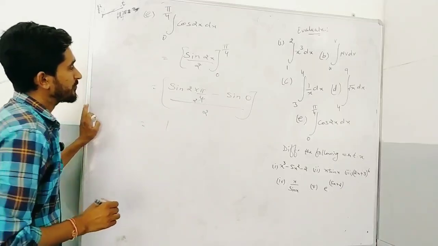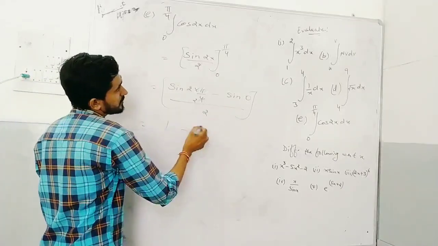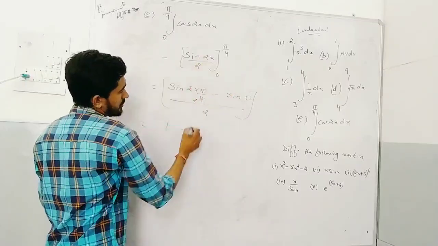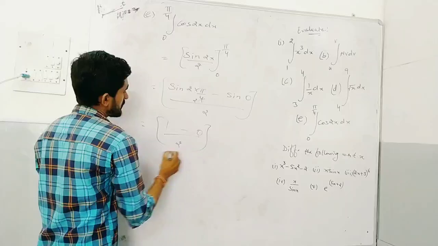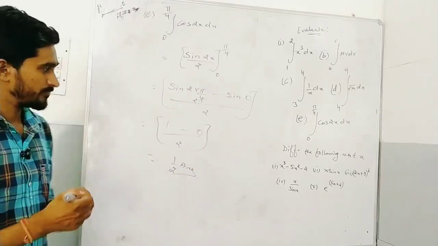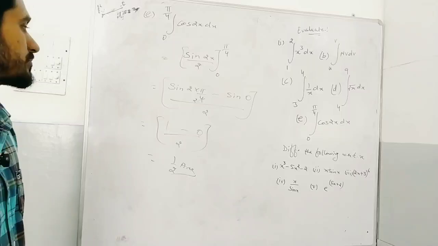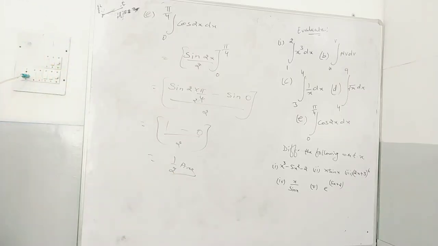This is pi by 2, and sine pi by 2 is 1, minus sine 0, which is 0, by 2. Then my final answer is 1 by 2. This is my answer. All the integration parts are solved, now the differentiation parts are remaining. I am erasing it, do it faster.